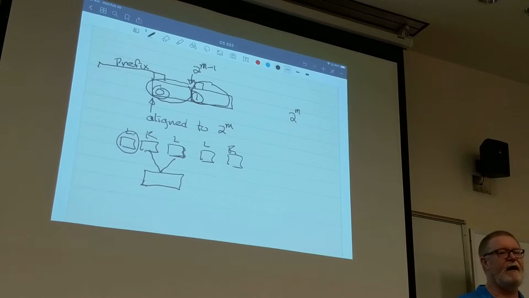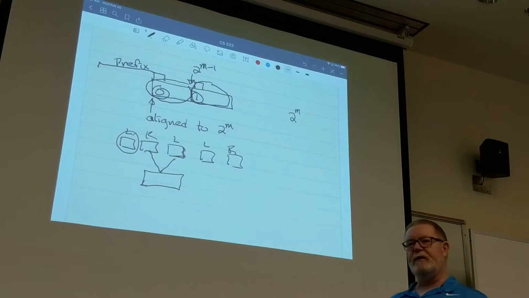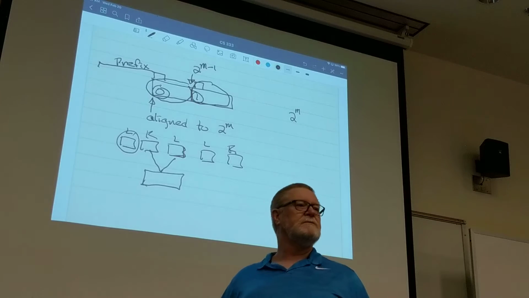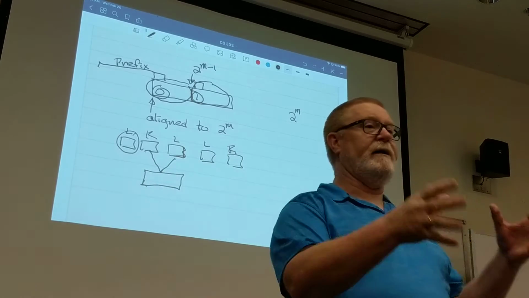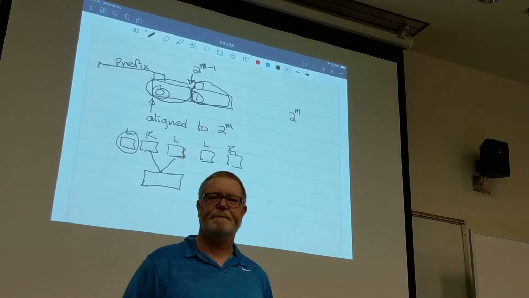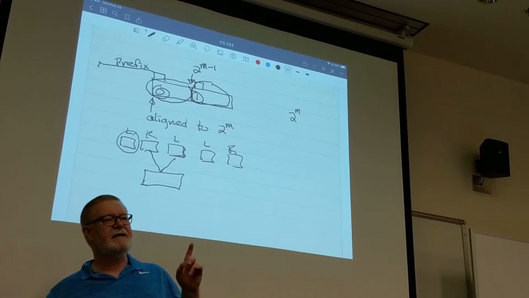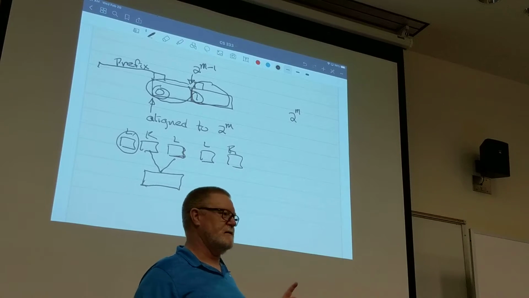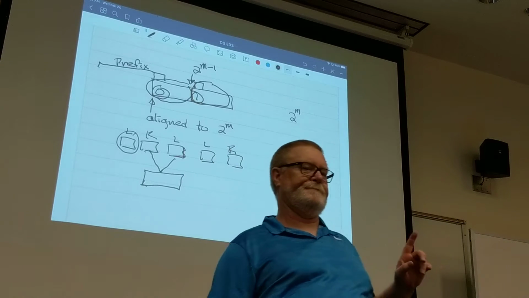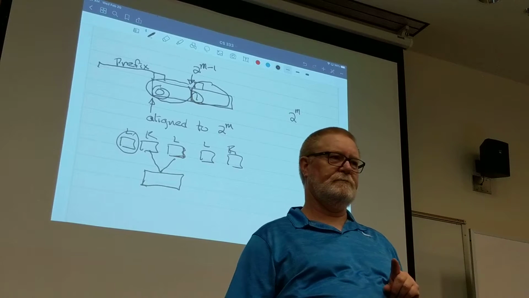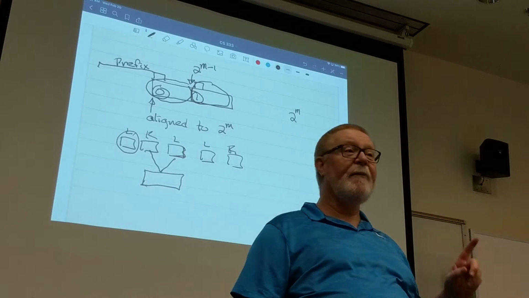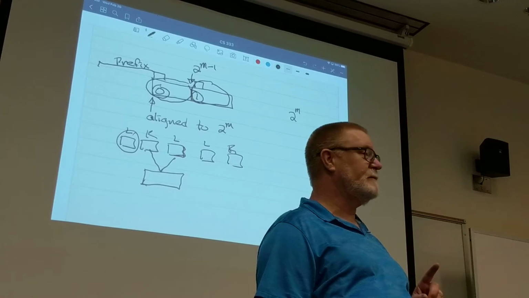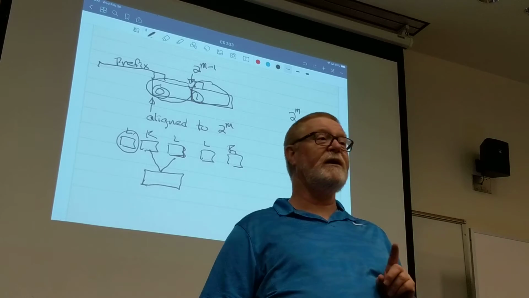But what if we were to find a size that worked out really, really well? Notice I said a size, not a set of sizes. If they happen to be a power of 2, those groups, what do we know?